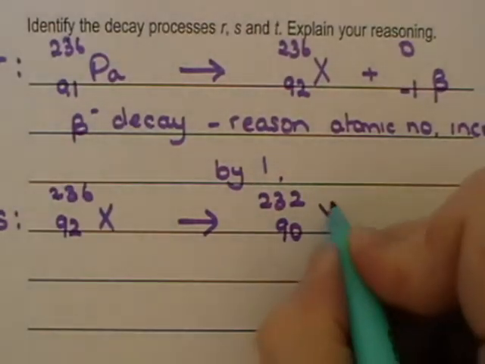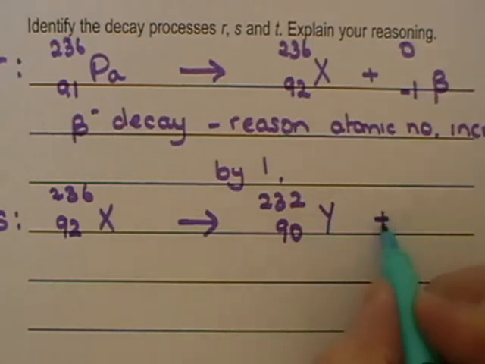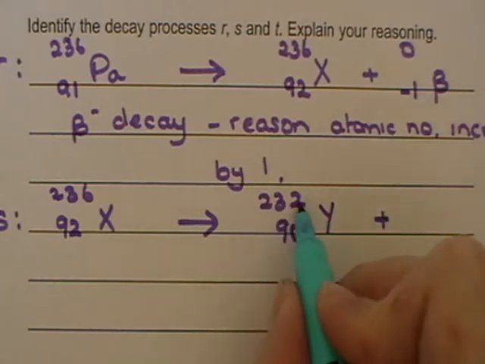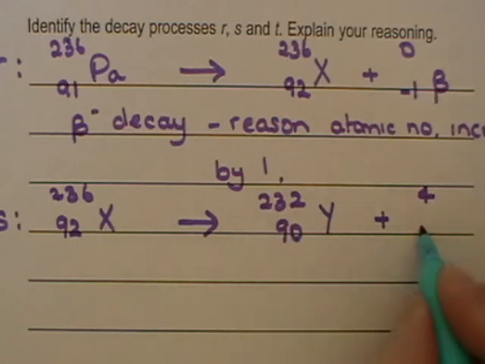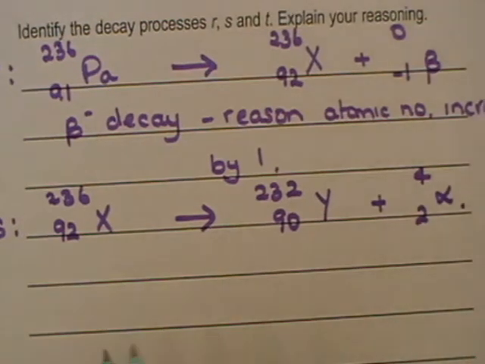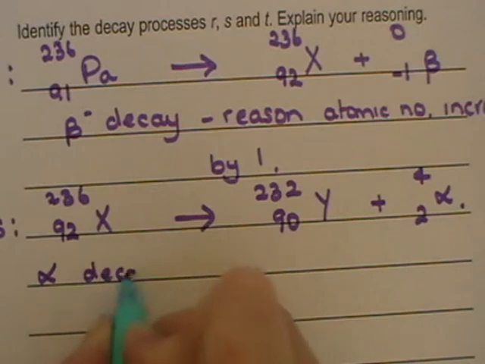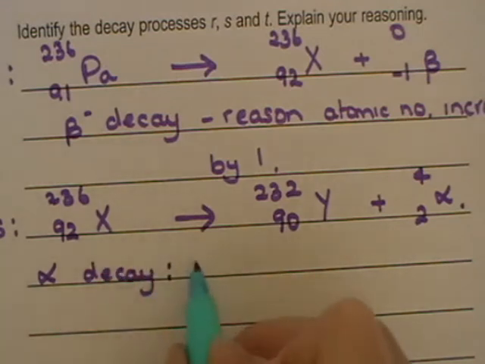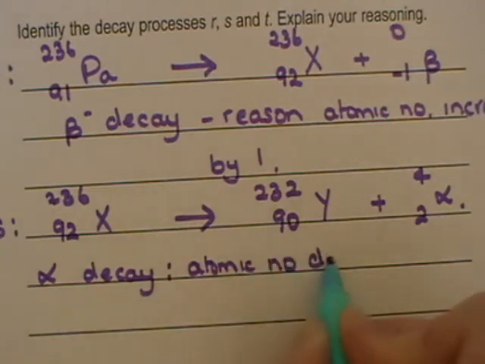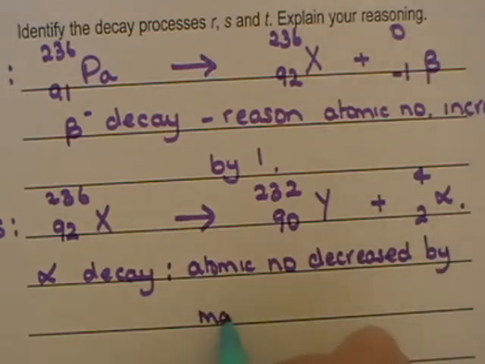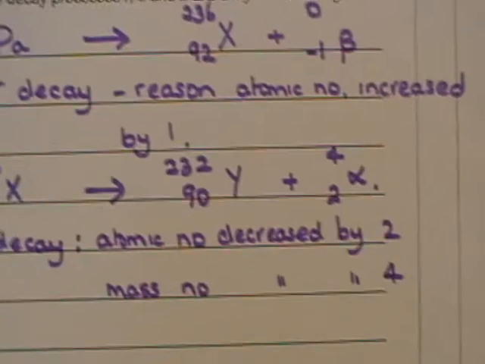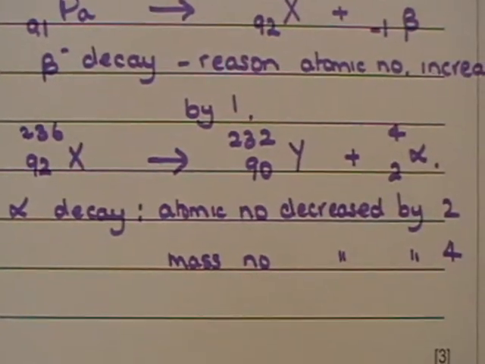So if I just show you the equation now, and I'm going to call it Y, it obviously has lost 4 from the top line, and it has lost 2 from the bottom, so that has to be an alpha particle. So alpha decay, and the reason is because atomic number decreased by 2, mass number decreased by 4.